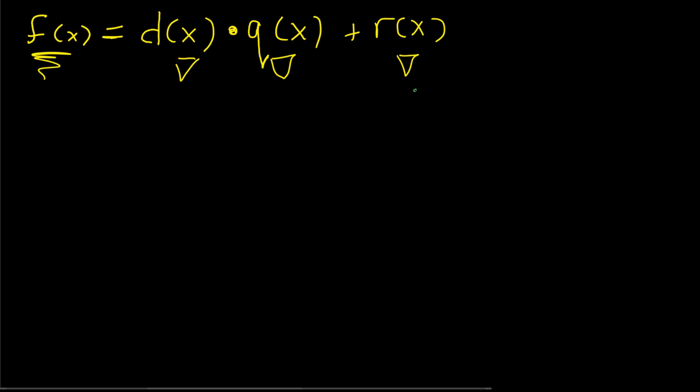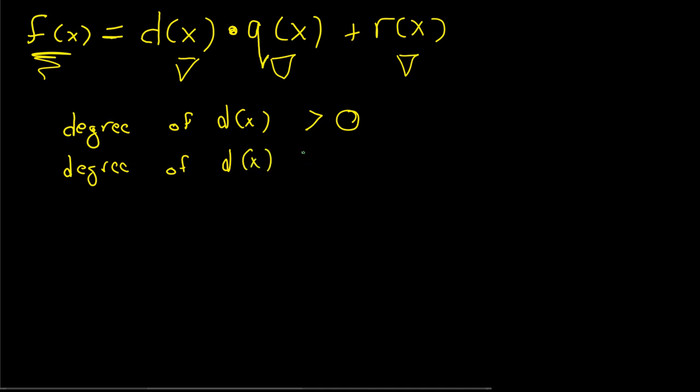But I do have some restrictions. The degree of my d of x is greater than 0, and the degree of the remainder is less than the degree of d of x.